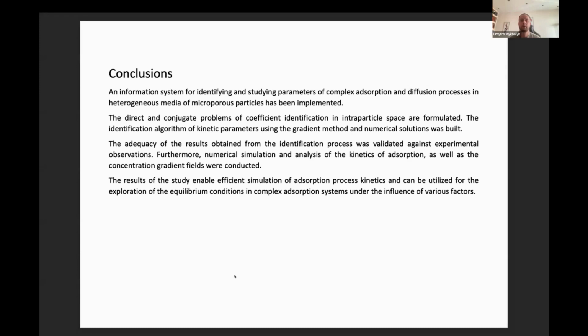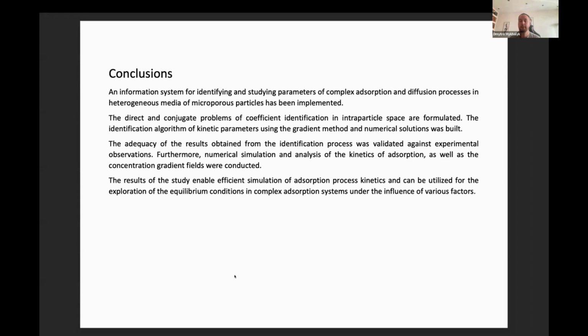The adequacy of the results obtained from the identification process was validated against the experimental observations. Furthermore, numerical solution and analysis of the kinetics of absorption, as well as the concentration gradient fields, was conducted.